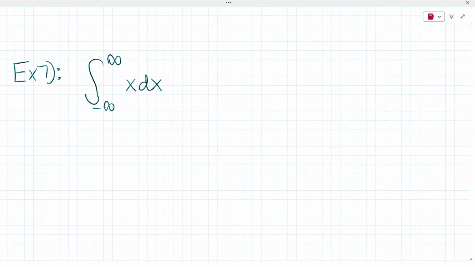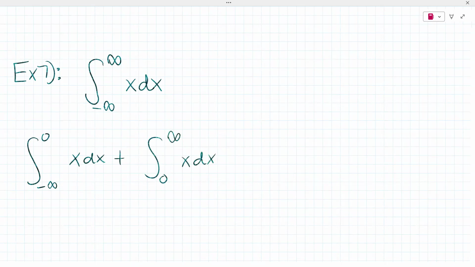One is negative infinity and the upper boundary is positive infinity, so that would be rule 3. So we're going to rewrite this problem as the integral from negative infinity to 0 of x dx plus the integral from 0 to infinity of x dx.